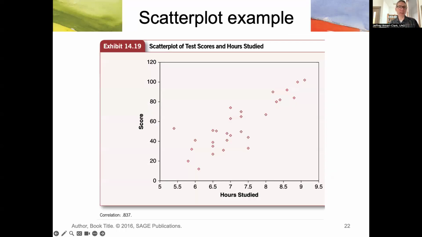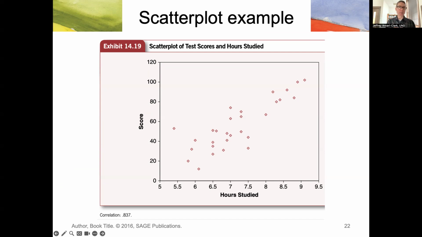So I mentioned the scatter plot. Each point here would be one person's individual response. This looks at the test scores by the number of hours studied. The person at the lowest, maybe they only studied for a little over 6 hours, and they only got a 20 on their exam.